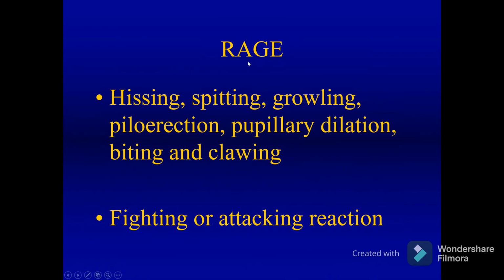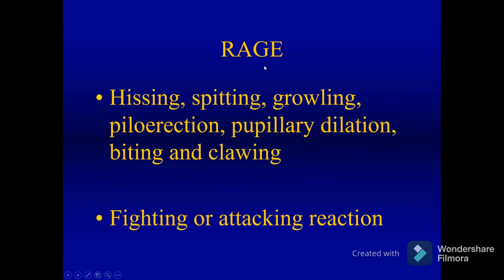Then there is another emotion, rage. There is hissing, spitting, growling, piloerection, pupillary dilation, biting, clawing, all these things occur in the animals. In human beings also.